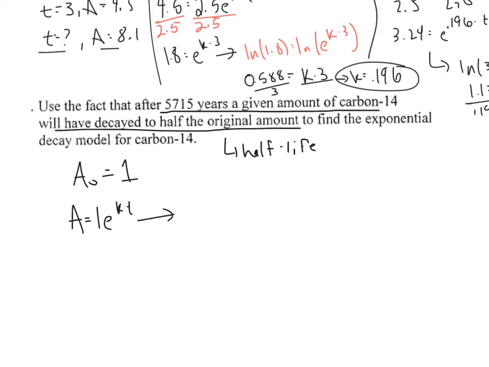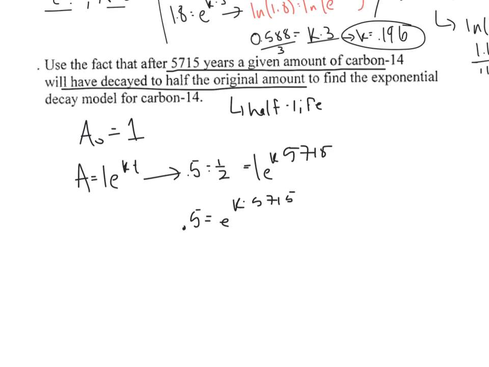And I know that after 5,715 years, my A is 1/2 or 0.5. All right, so I have the equation 0.5 is equal to 1, I'm actually going to get rid of that 1, e to the k times 5,715.